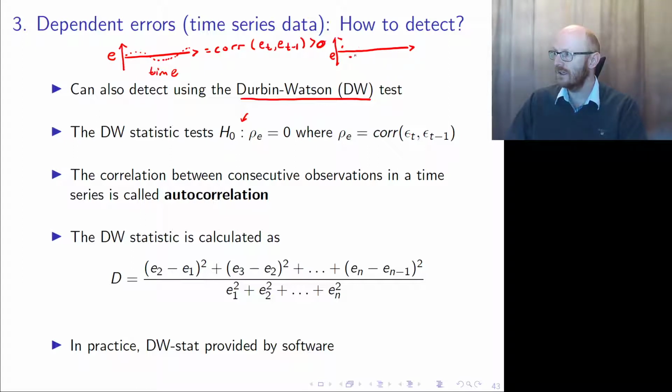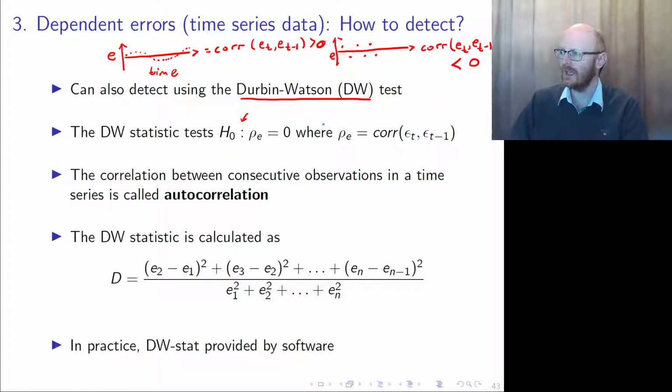Whereas if you have a pattern where a positive residual is followed by a negative residual, and a negative residual is followed by a positive residual, and so on, then you have a correlation between the residuals and the residuals at t minus 1 of less than 0, like a negative correlation.